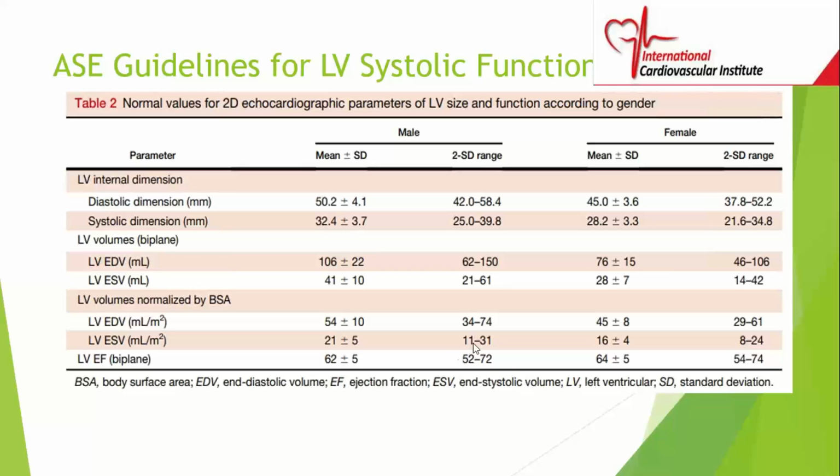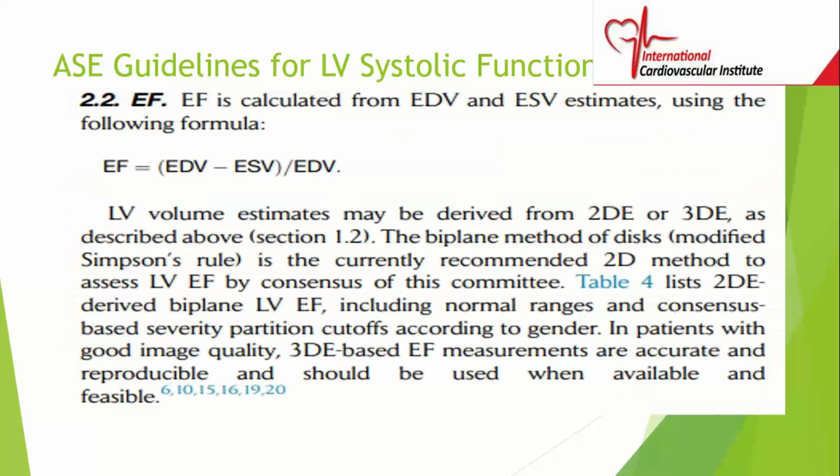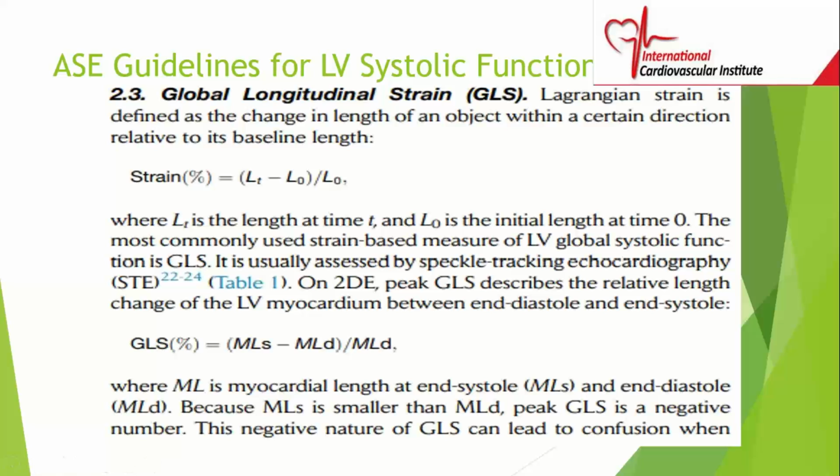But there's a slight difference in the range for males and females, so you should put up this chart and use it. Your ejection fraction is end diastolic volume minus end systolic volume, divided by the end diastolic volume. And the computer will do the rest for you.